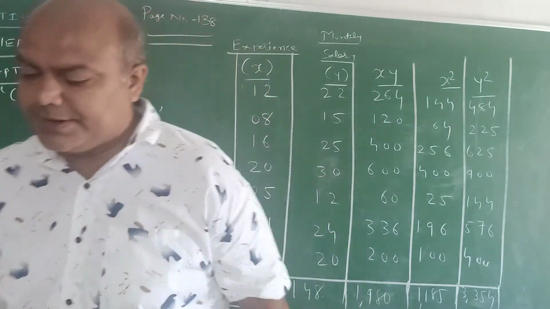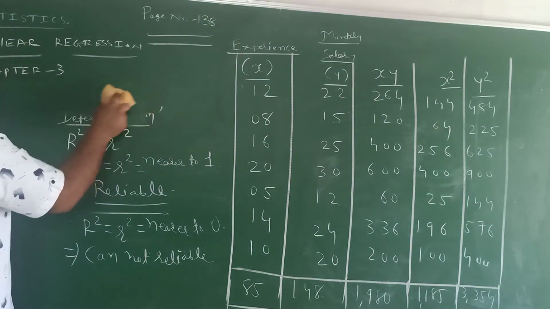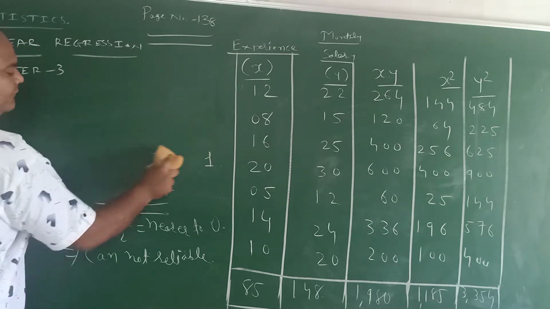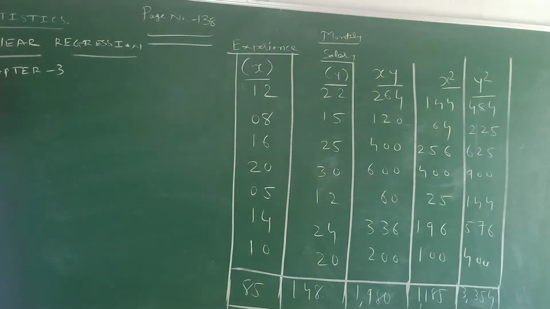Coefficient of determination. Here I write the formula of coefficient of determination. The formula is capital R square, which is actually r square.